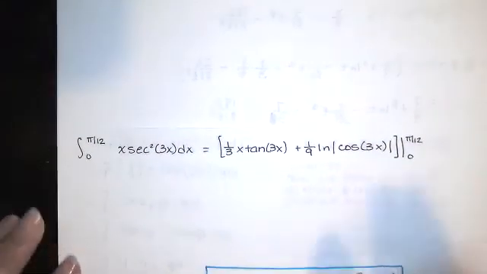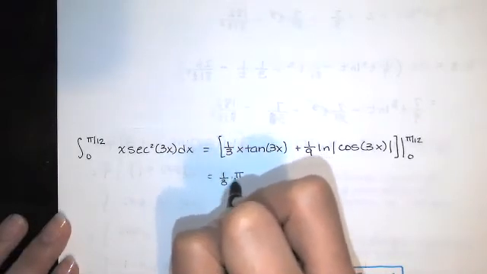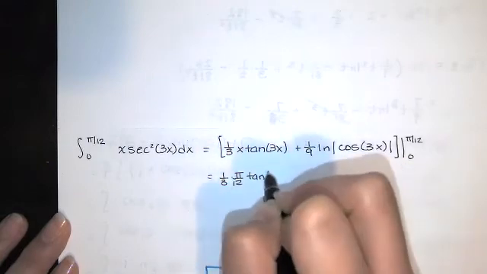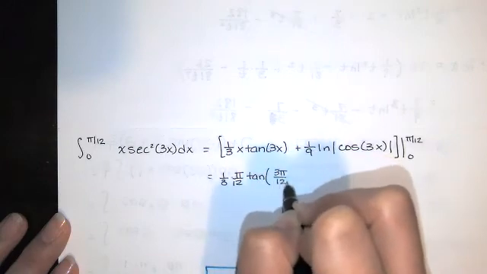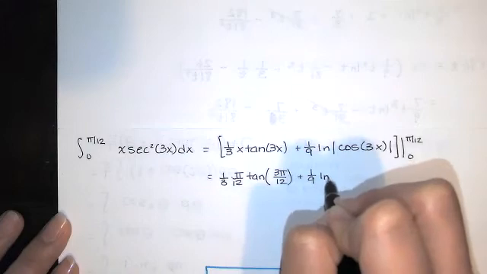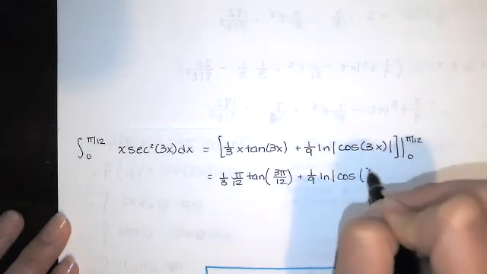And at pi over 12, we get 1/3 times pi over 12 times tangent of 3 times pi over 12. We know that that's pi over 4, plus 1/9 of natural log of the absolute value of cosine of 3 times pi over 12 again.